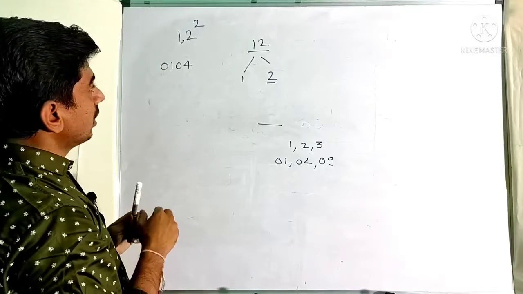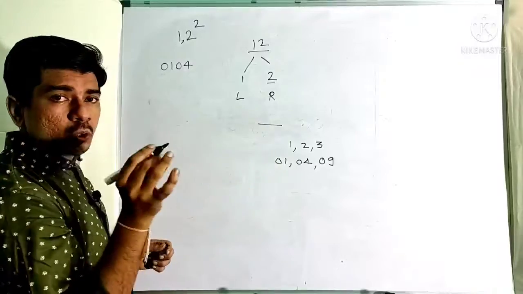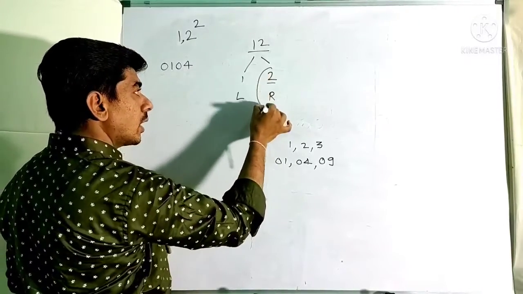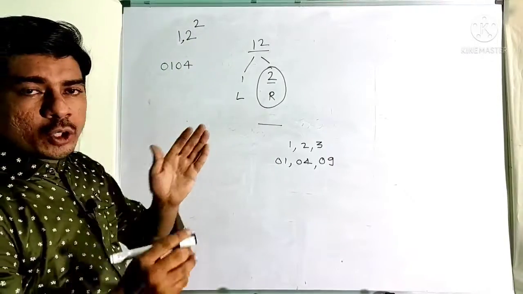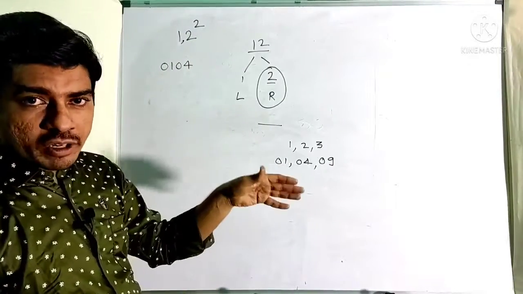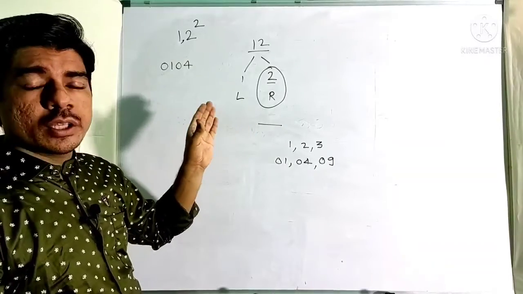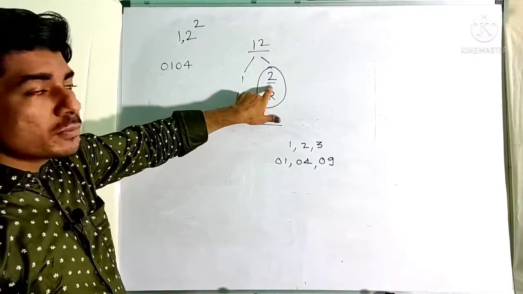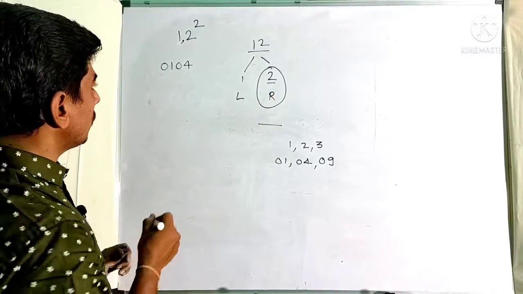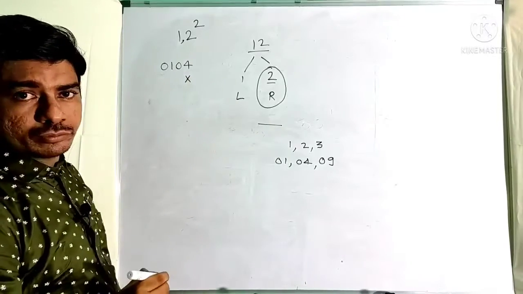The next step: there are two parts, this is left and this is right. You are going to look at the right part. First, a number is given and you have made it into two parts, one left part and one right part. Then you concentrate on the right part. How many digits is this right part made up of? It is made up of only a single digit, so you are going to leave a single digit here.